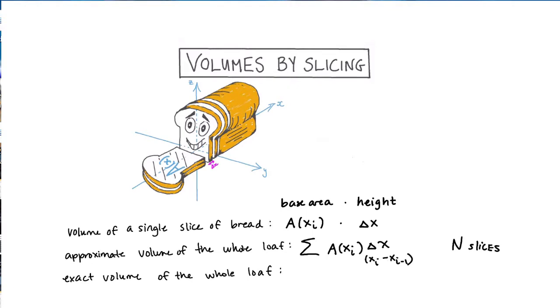If we want to be more specific, the i is going to range from the very first cut up until N minus 1, which is when you stop cutting to get N slices. Okay, so that is the approximate volume of the whole loaf.